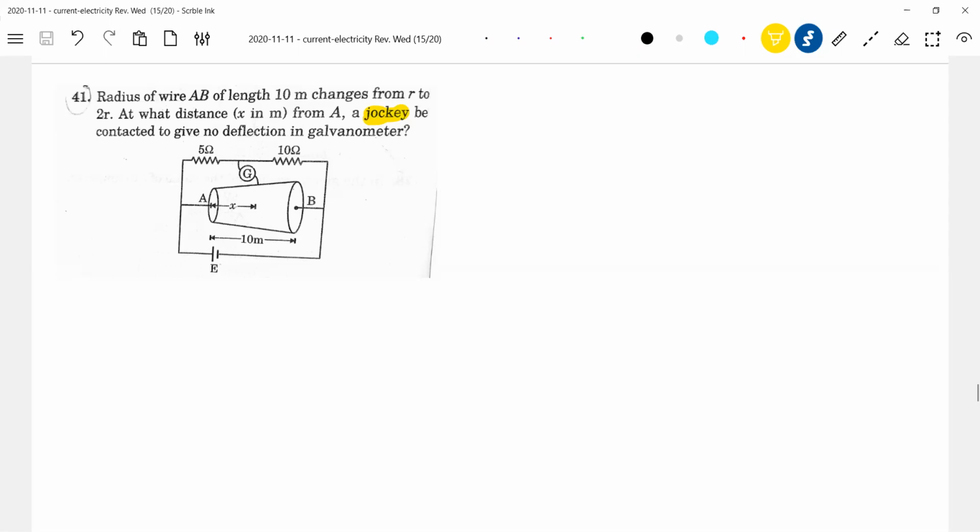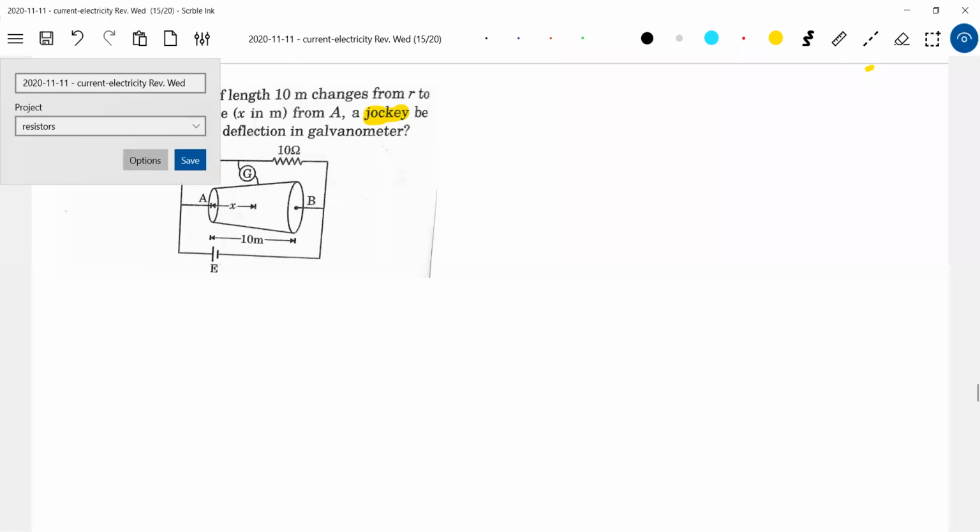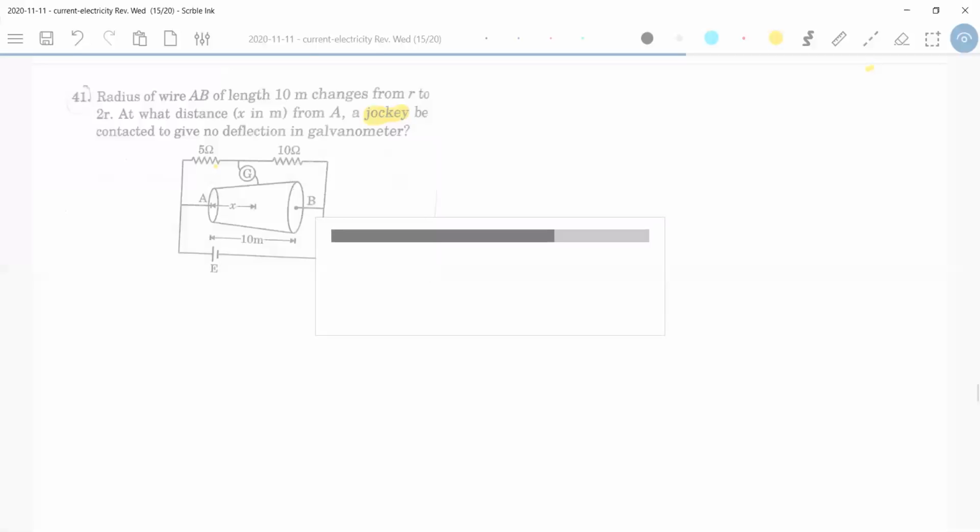There's a left gap, similar to a left gap, and a right gap. And instead of the potentiometer wire, what happened? We have this one. It can be solved within 3 minutes.